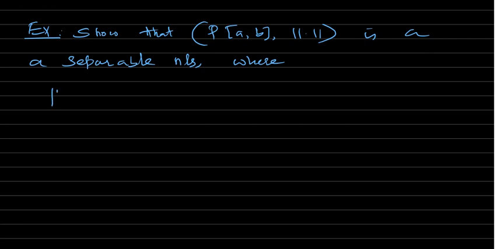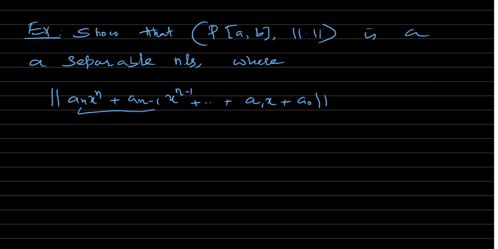Where the norm of any polynomial a_n x^n + a_{n-1} x^{n-1} + ... + a_1 x + a_0, you can define a sup norm, or you can just add these scalars with modulus.